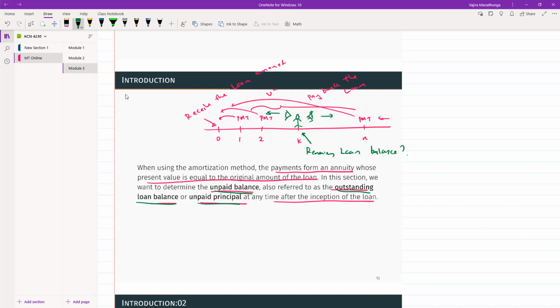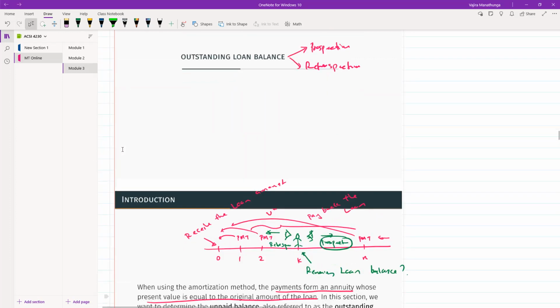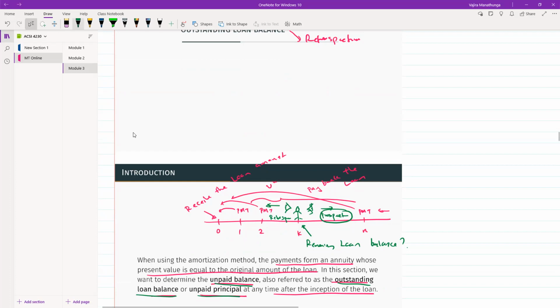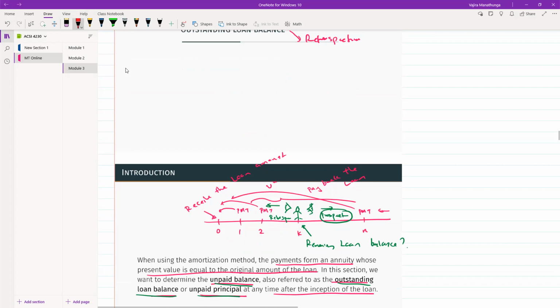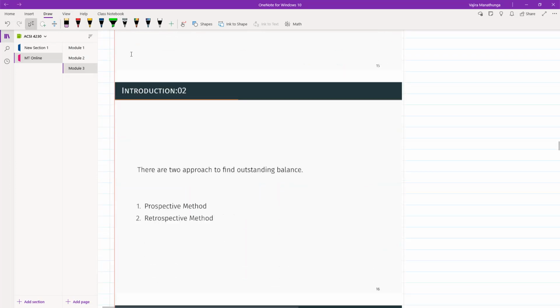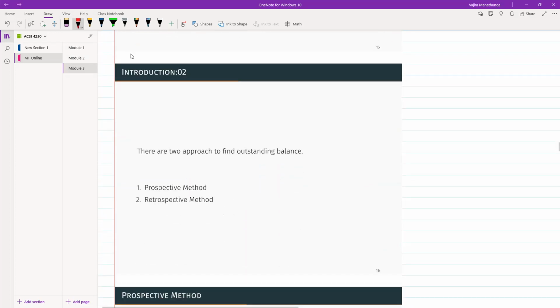Okay, so this one becomes prospective and this one becomes retrospective. The prospective method is usually what we use, but the retrospective method is also a good method in some situations. So let's see. There are two approaches to find outstanding loan balance: the prospective method and the retrospective method.